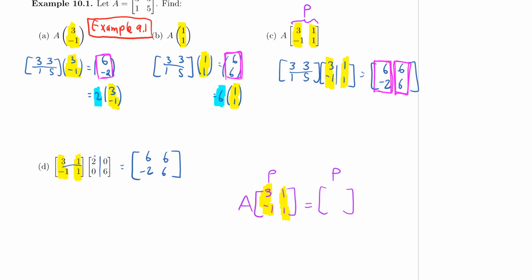This is a diagonal matrix where the entries on the diagonal are 2 and 6. These are just the eigenvalues. So A times P is the same as P times this matrix, 2, 0, 0, 6.